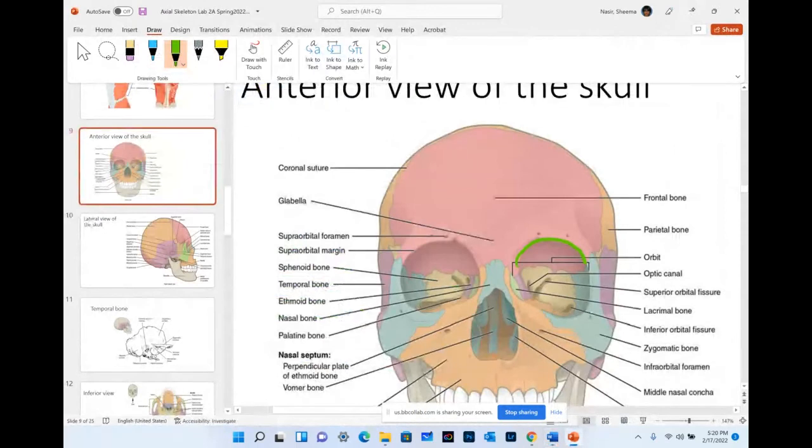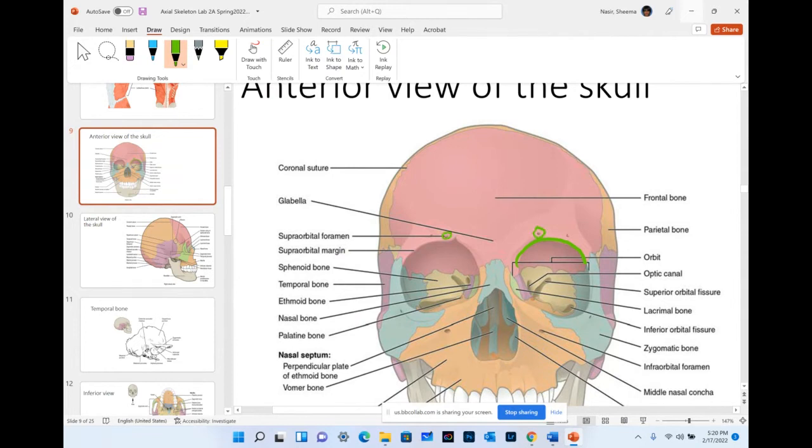So this is supraorbital margin. This is your supraorbital foramen, this and this. Supra means above, orbital, this is the orbit. So anything above the orbit is supraorbital. Foramen means a hole.